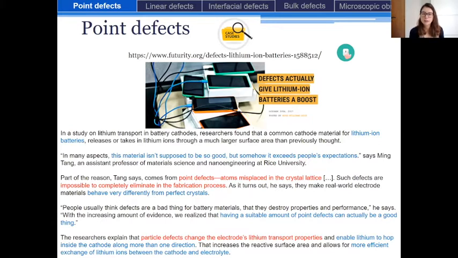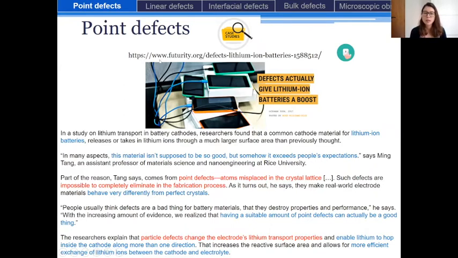And there is research that has been performed by some researchers from Rice University that show that in fact we can improve lithium transport in battery cathodes that are used, for example, in your cell phone and so on, by introducing some defects. And so if you read all the material that is presented on this link, then you can understand a little bit better.